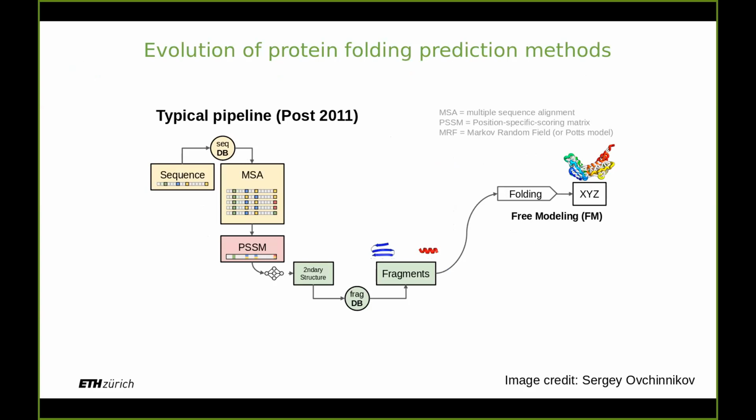So this was one of the ideas first explored a long time ago. One would take a sequence, build a multiple sequence alignment, and from that alignment we would get some information about positions that are co-evolving or conserved, and then from that predict, for example, secondary structural elements.